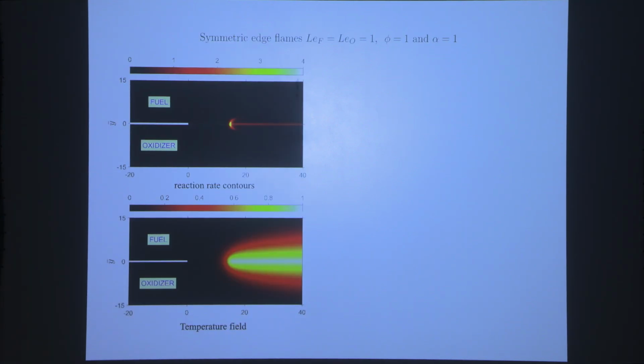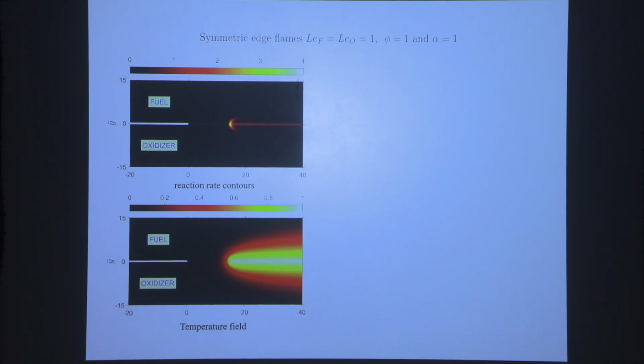So here is a symmetric solution. What you see here is the edge flame and the diffusion flame that trails behind. Those are illustrated by reaction rate contours, in other words, omega equal to different constants. And when it's small enough, I don't show it.